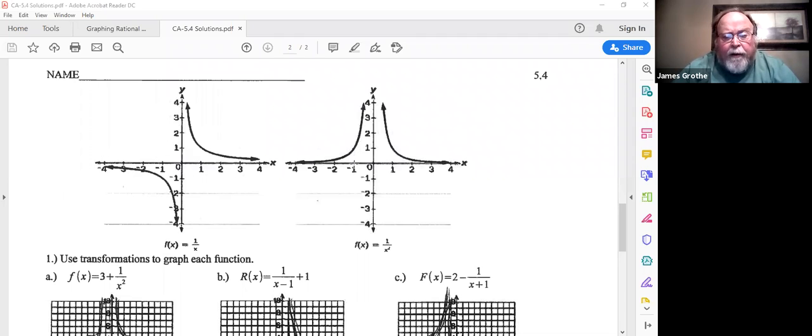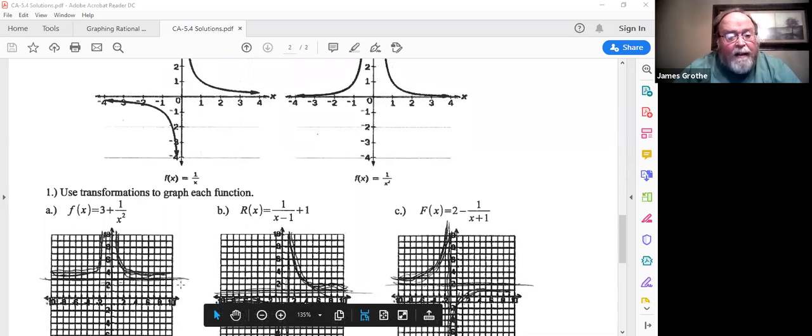Whereas over here, the first quadrant is a slightly different curve, but very similar. So basically we're looking at opposite quadrants for 1 over x, adjacent quadrants for 1 over x squared. And we're going to be looking at some transformations of those graphs.